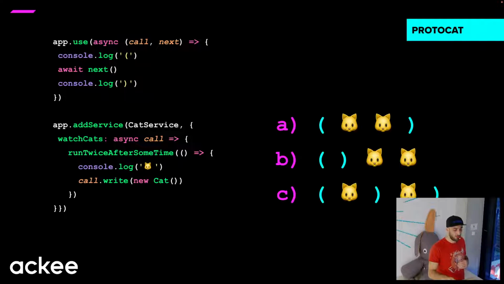Okay, so let's go through possible options. Actually, I was foolish enough not to include cats in brackets, but it's a good thing that you said it. Basically, I came up with these options. At least one of them was heard here tonight: brackets and then all the cats. But there are several ways you could do it. The first one is that the closing middleware should happen when the stream ends: open middleware, cats, close middleware.